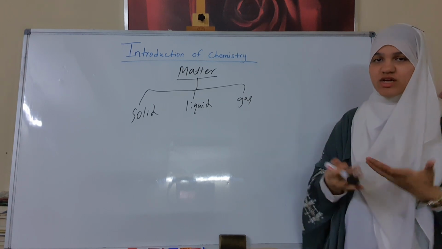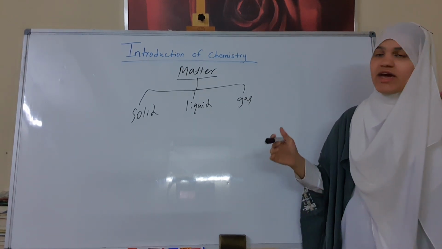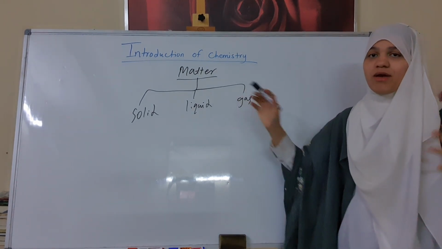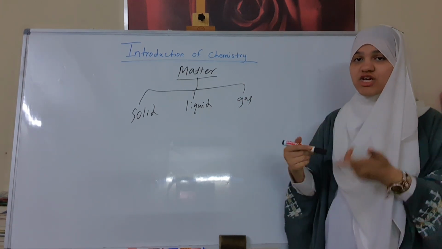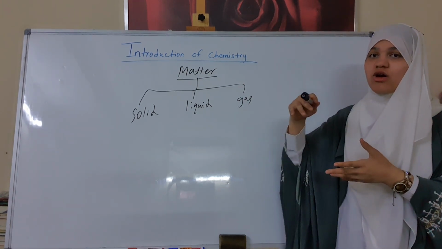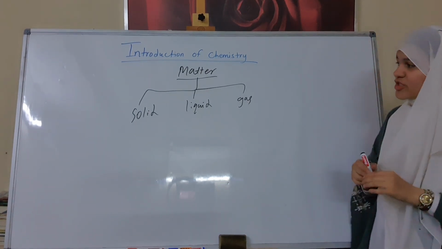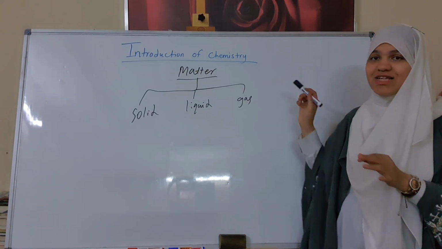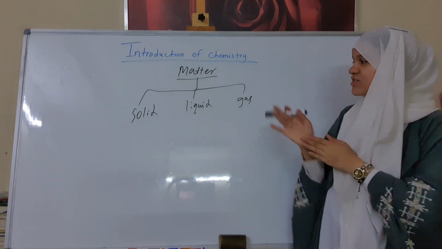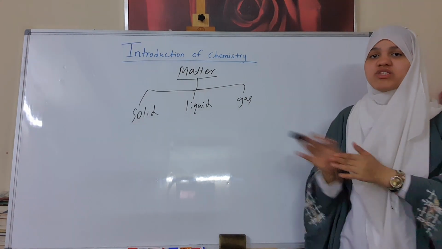But when water is normally liquid, that means it's in the liquid form. But when water evaporates, the vapor is called what? Gas, right? So water can be all three: solid, liquid, and gas, and other compounds can be the three too. But what are the differences between these three?